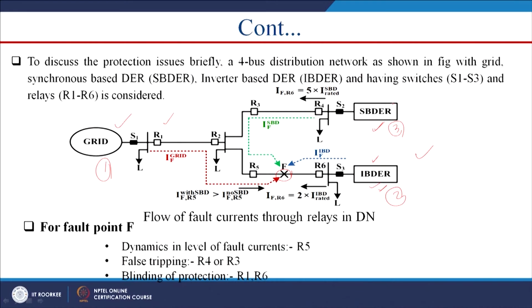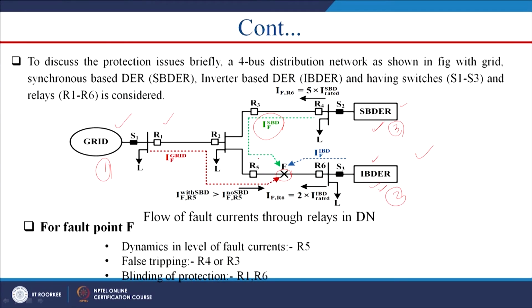It clamps this current to a lower level. But in case of the SBDR we do not have any inverters, it is basically a synchronous machine only. So the current contributed by the SBDR is more than the IBDR. IF SBD is the current contributed by the synchronous based DR, and IF IBD is the current contributed by the inverter based DG.